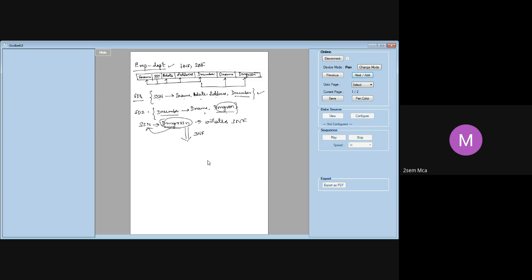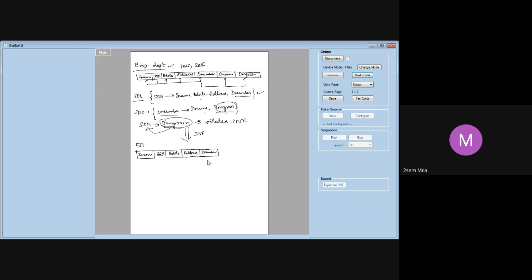What does that mean? I will try to decompose it. When I decompose it, let me take ED1 as one table: E-name, SSN, B-date, address, D number.